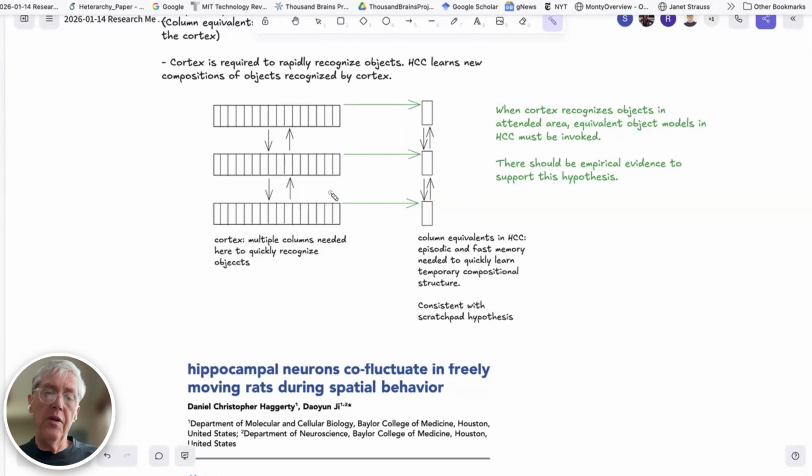In fact, the evidence we would have is there are far more cortical regions than there are equivalent columns in the hippocampal complex. There are dozens and dozens over here, but there are 10 or 12 or 15 scaled columns here. So there are many more of these, and it's not necessarily one to one, which I'll come to in a second.